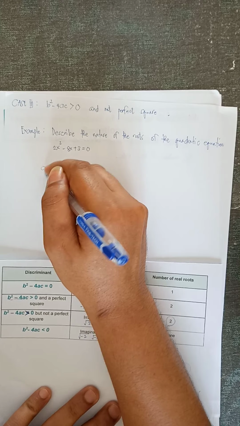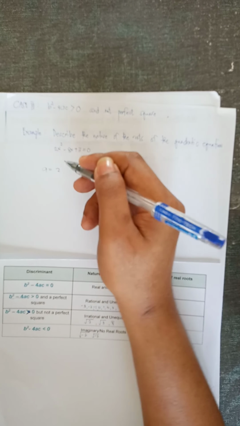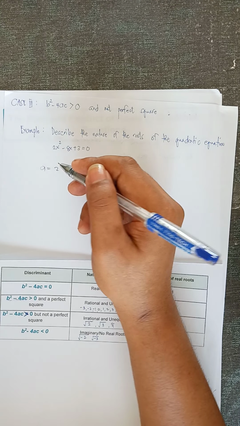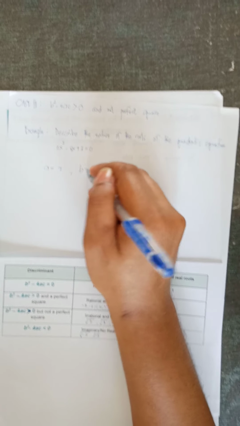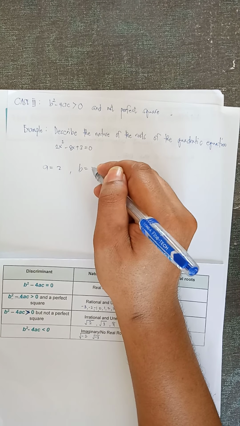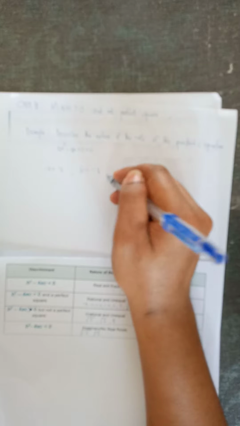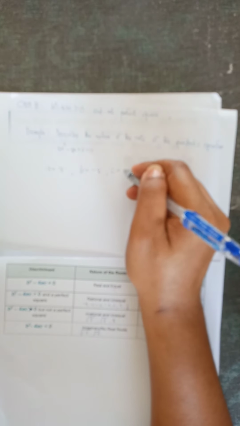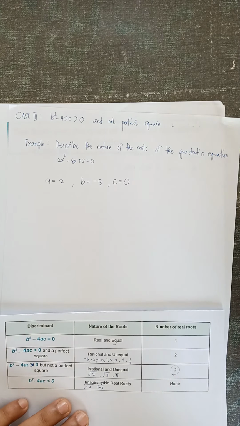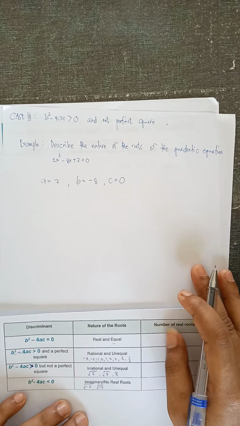So we have a equals 2, b is equal to negative 8, and c is equal to 3. Okay, so we got the values of a, b, and c.